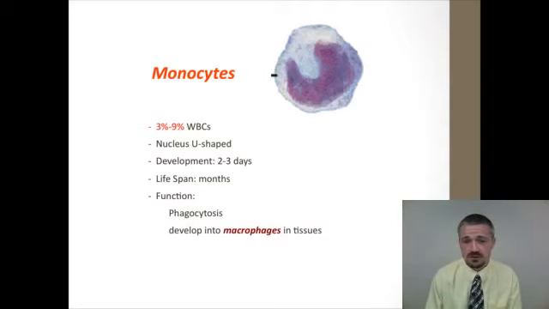It'll engulf debris, bacteria, and other foreign bodies. A lot of times we call these macrophages when they're out in the tissues. So this is one of the cell types that will leave the bloodstream, go out into the tissues, and find foreign bodies.